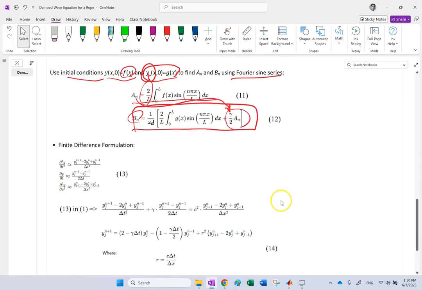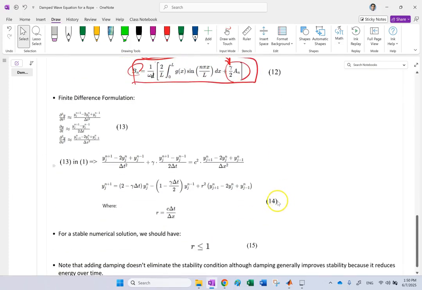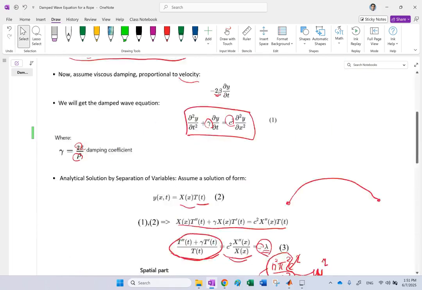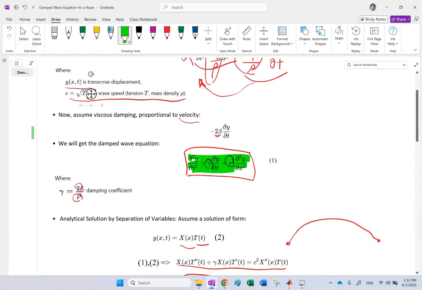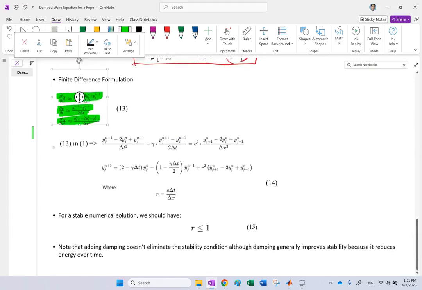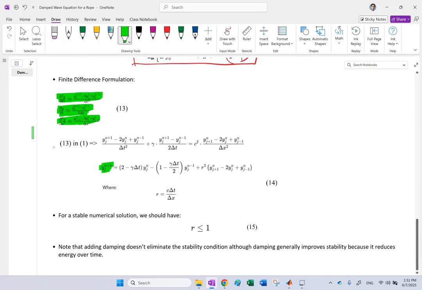The other way to solve it is a finite difference solution, where you approximate your second derivative with respect to time, and the first derivative with respect to time, and the second derivative with respect to x. You plug them into the original ODE, which is this one here. Then you solve for the value of the nodal displacement at the next time point.